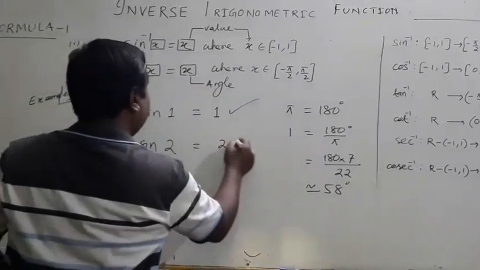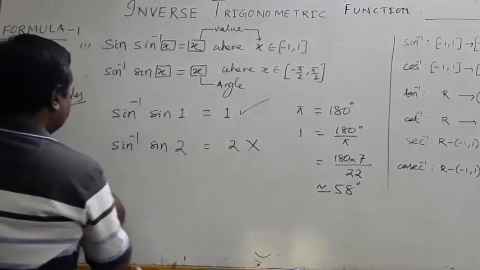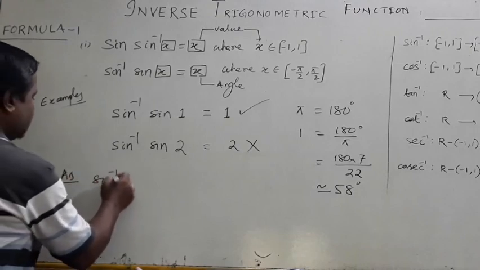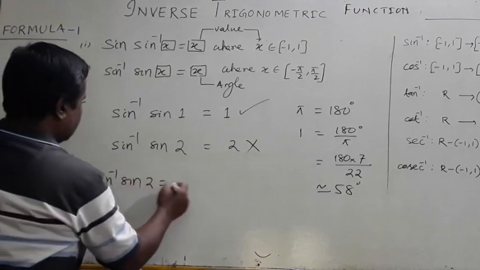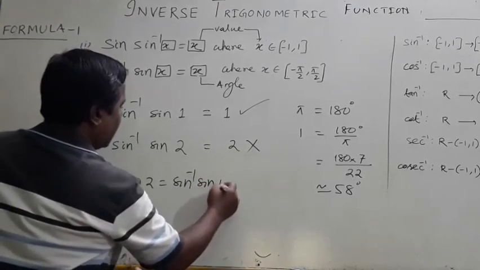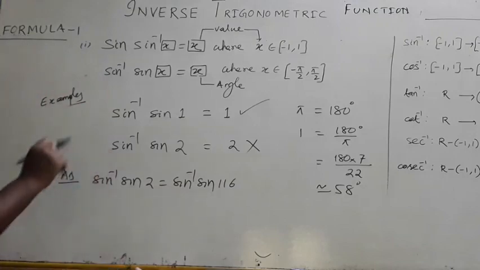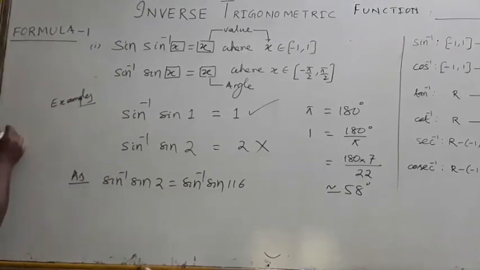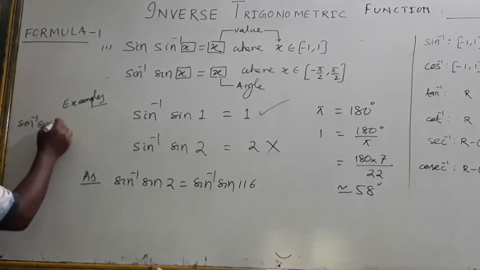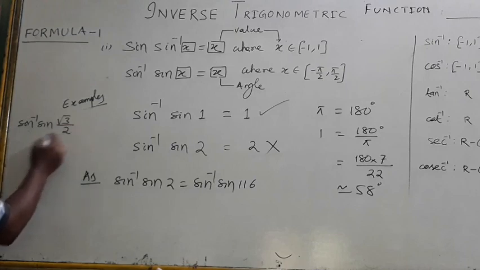Writing that would be very wrong, because sine inverse sine 2 is equal to sine inverse sine 116 degree. Now I am telling one example to you. Suppose I am telling you sine inverse sine 2 pi by 3.